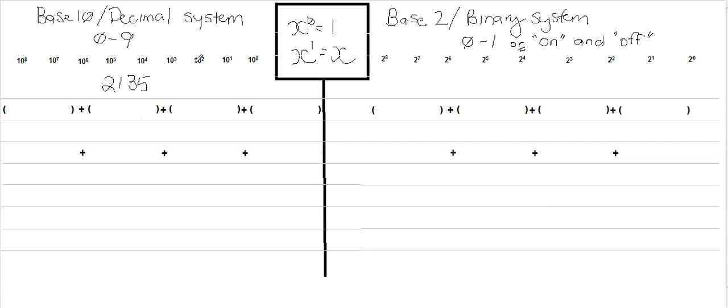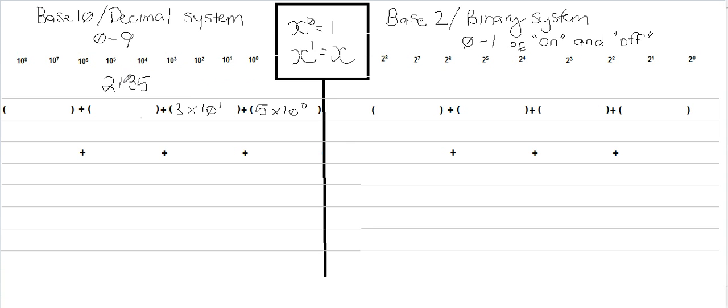Okay, so looking along our scale here, basically each slot in a number, or each position, represents a value of 10. So our first one is 5 times 10 to the power of 0. Then we have 3 times 10 to the power of 1.